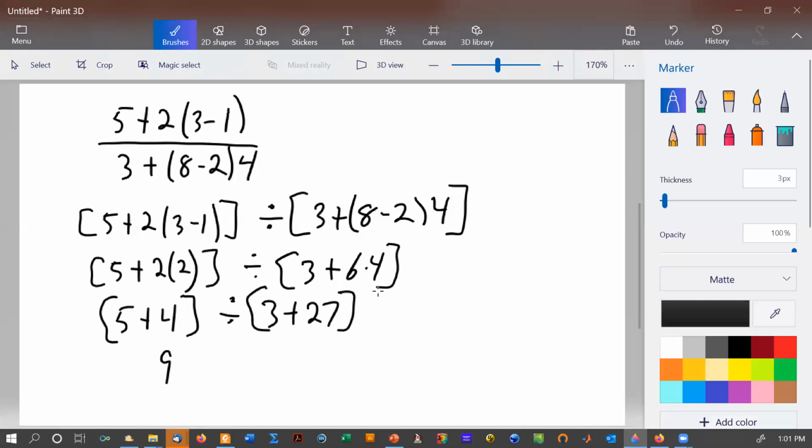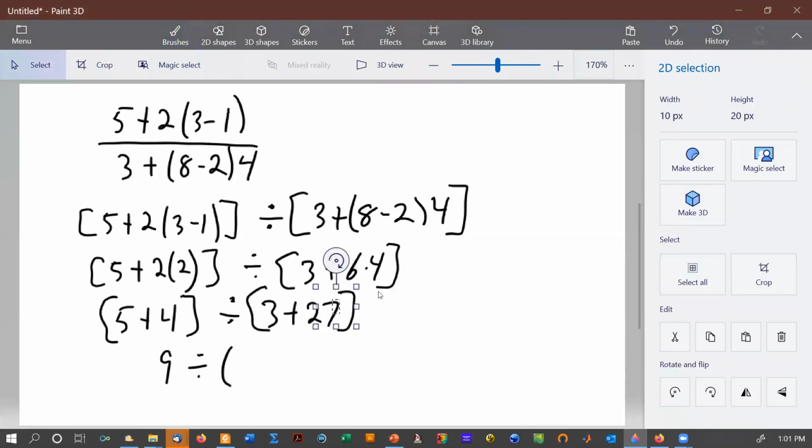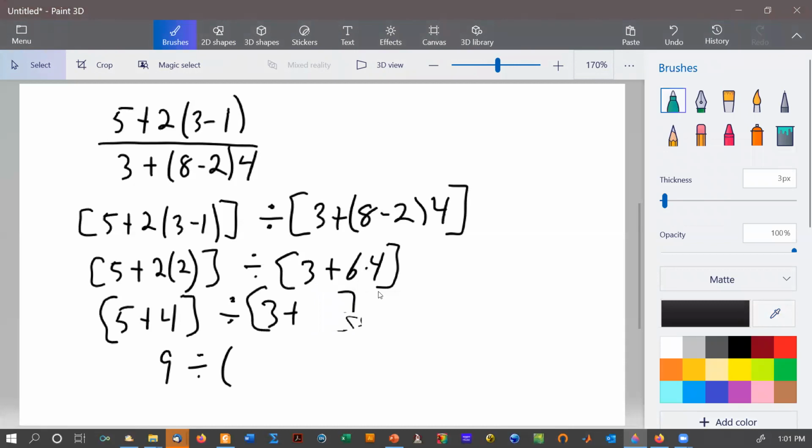So this is 9 divided by 3 plus 24, right? So 3 plus 24 is 27, right? So 9 divided by 27 is equal to 9 over 27, which is equal to 1/3.